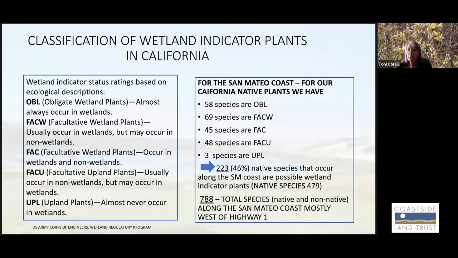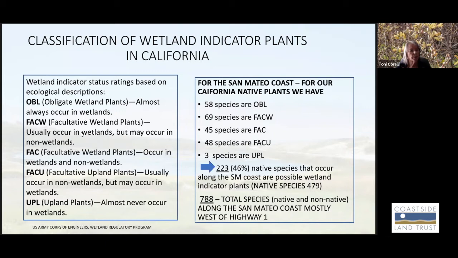How do we know what plants indicate a wetland habitat? The table on the left is the classification of wetland indicator plants based on the plant's ability to tolerate wetland conditions. This is published by the U.S. Army Corps of Engineers, updated in 2012. The indicator species are obligate wetland plants, almost always occurring in wetlands.